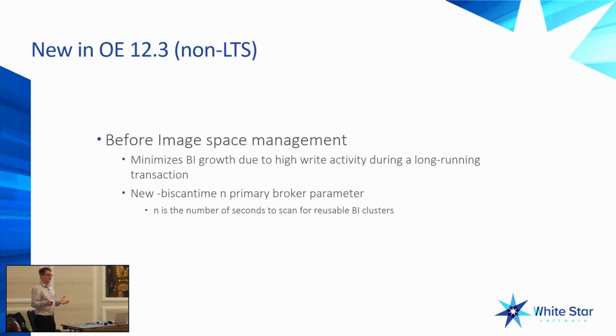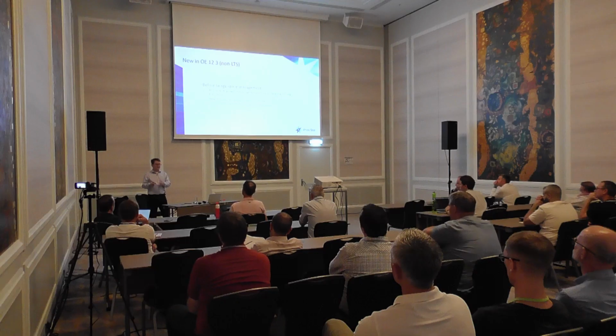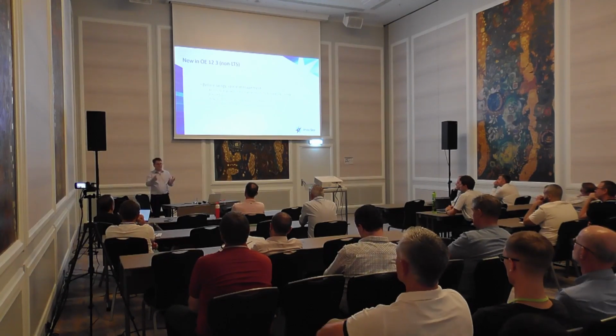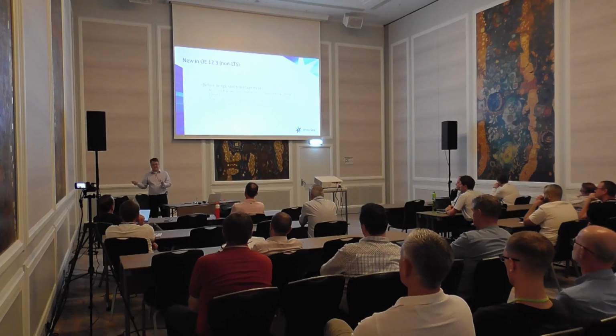Now what can happen is that the watchdog process will scan ahead in the BI file to see if there are any clusters there that are potentially reusable. That is, they don't contain any notes about active transactions, and it can put them into the right place in the BI cluster ring. So in other words, it's going to defer that growth until the last possible moment, and that might give you enough time for that long-running transaction to end and thus prevent the growth.